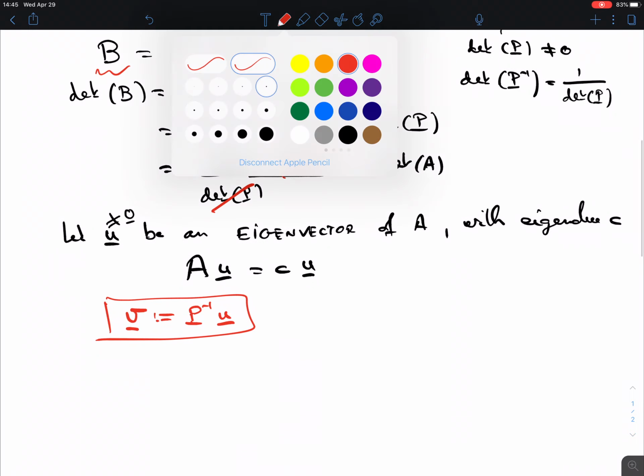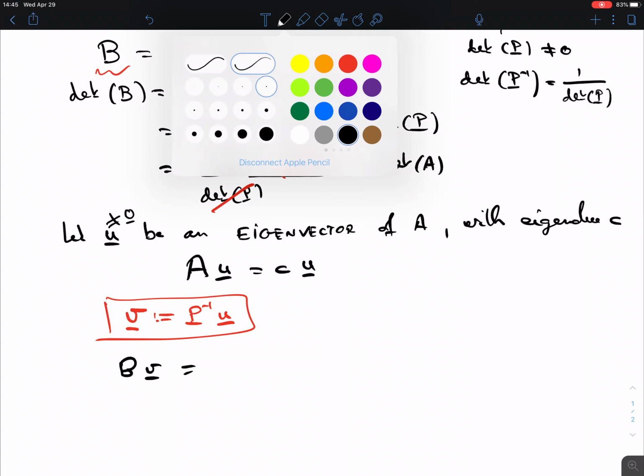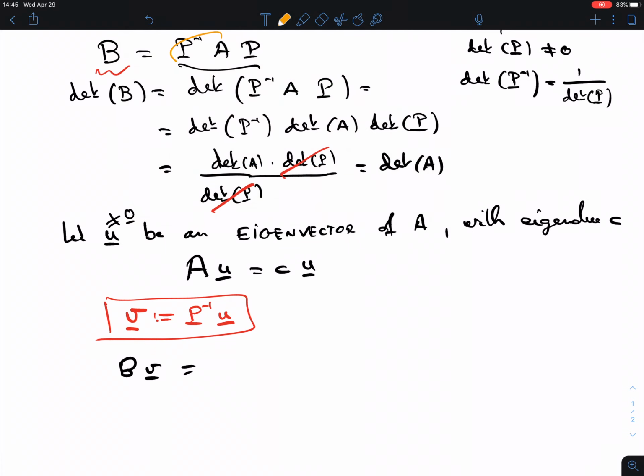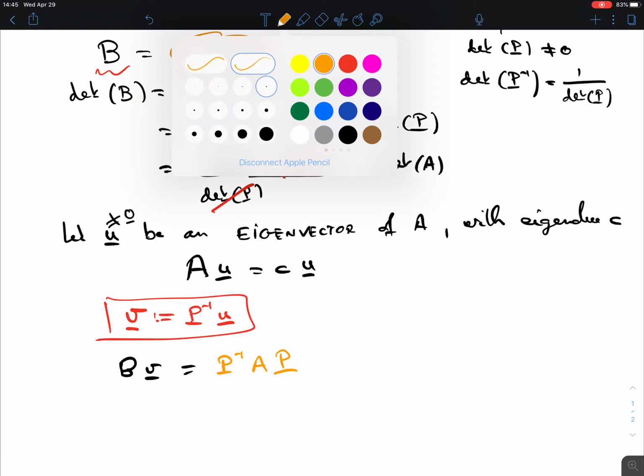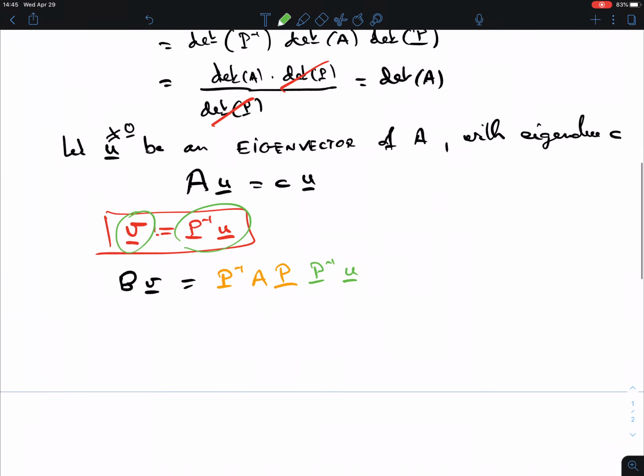So let's look at B times V. Now I'm going to replace B by this formula. So this becomes P minus 1 A P, and I'm going to replace V by P minus 1 U. What you notice is that when you have a matrix next to its inverse, then they cancel out, right?